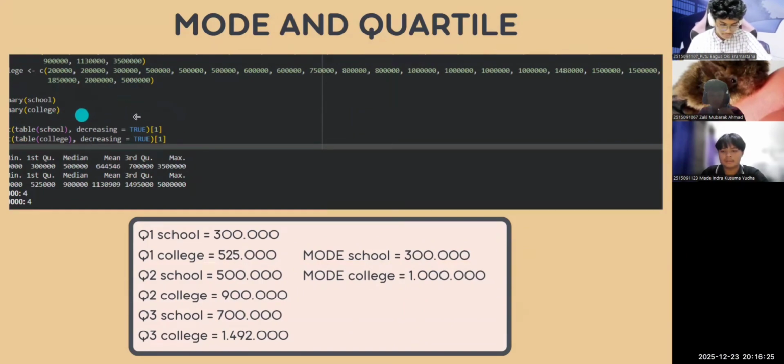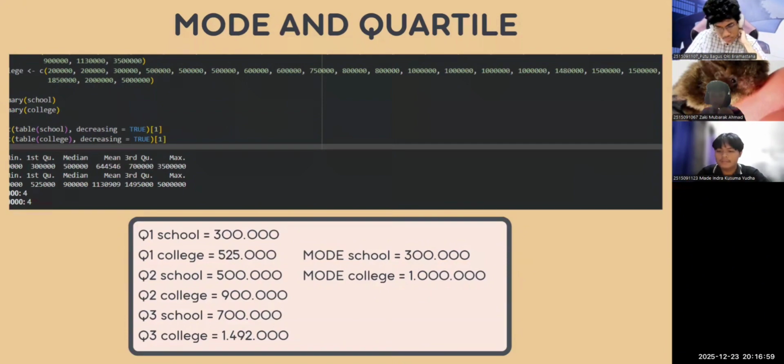If we look at the output, we will see the first Q, which is the first quartile. The median is actually the second quartile, and then the third quartile. This function saves us time by calculating the minimum, maximum, mean, and the quartiles all at once.